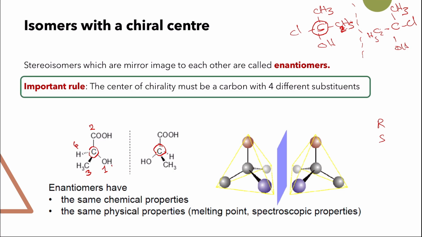In this case, from 1 to 2 to 3 goes this way, which is anti-clockwise, so this is the S isomer. And for this one, we have OH here, carboxylic acid 2, methyl 3, hydrogen 4, and it goes this way, which is clockwise, so this is the R. This is how to distinguish between the R and S isomers.